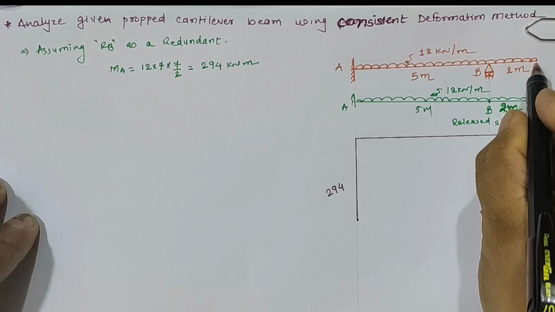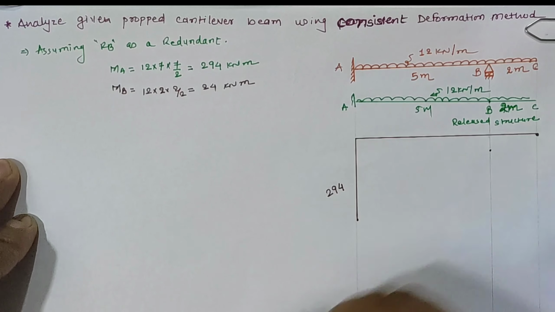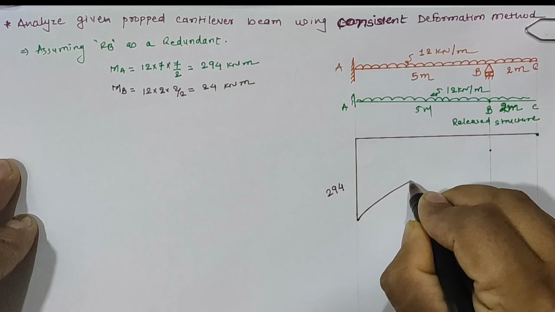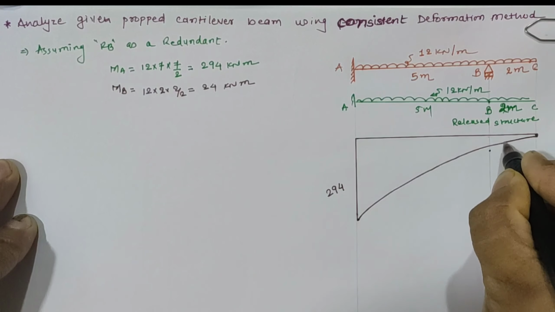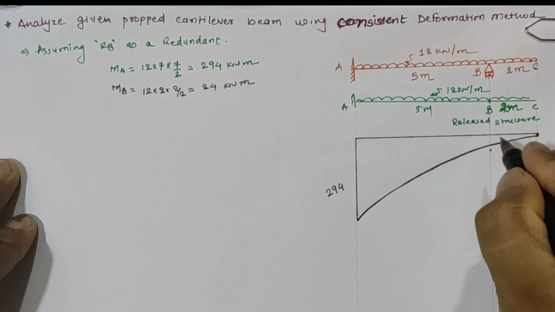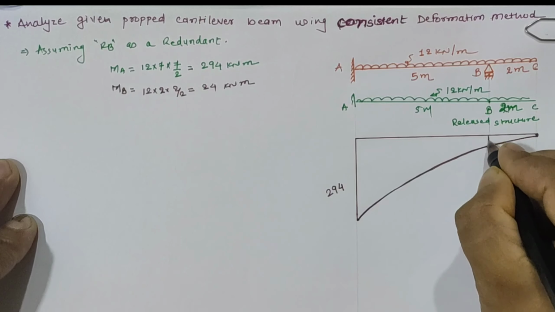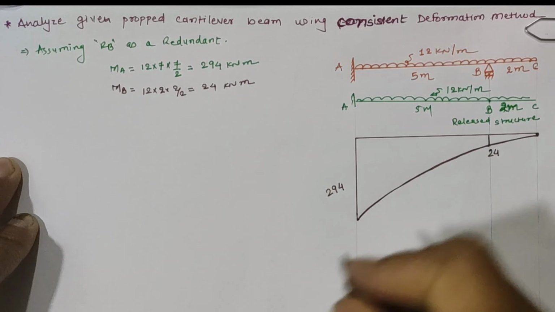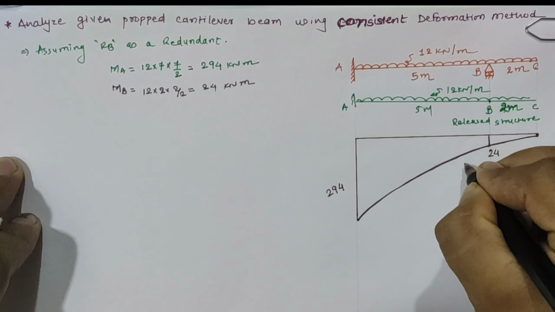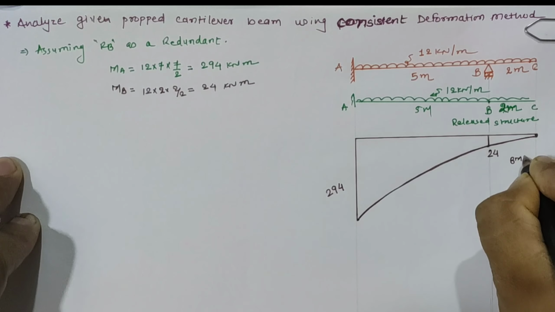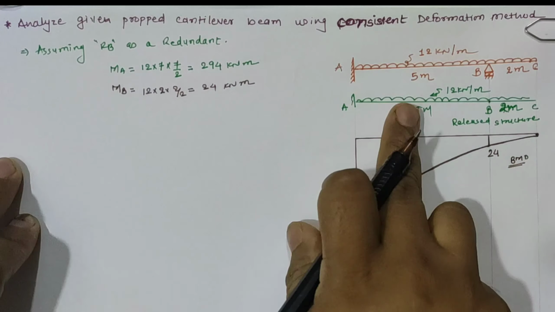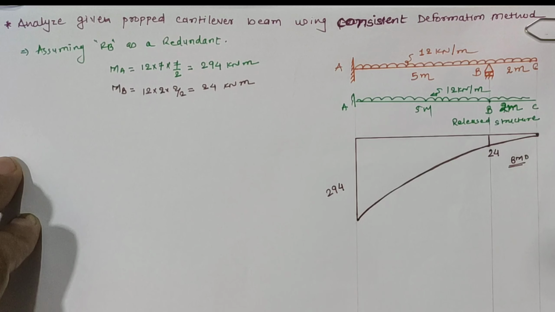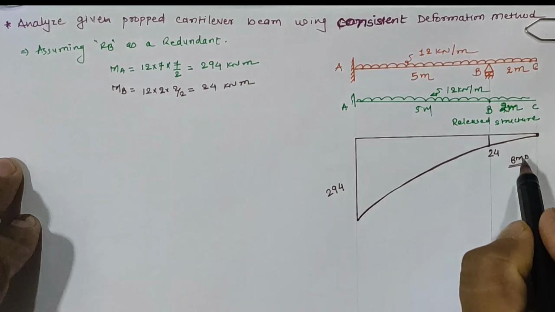So at location B our value is 24 kilonewton meter, and the diagram is a parabolic curve. So the bending moment diagram for the released structure is in parabola shape, and we have to convert it into the conjugate beam.